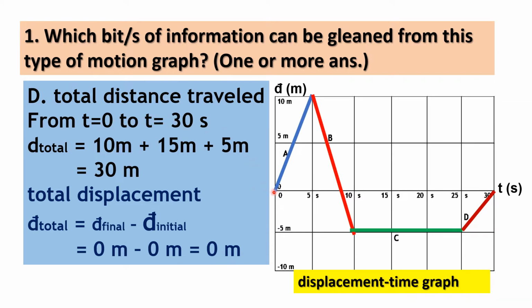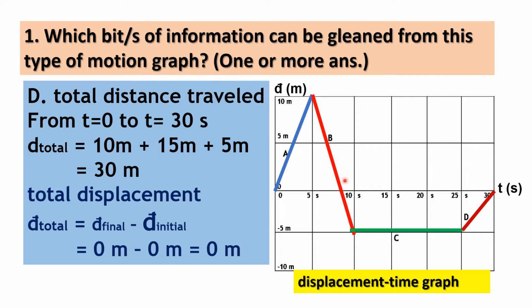So in your graph, that corresponds to 0 second up to 30 seconds. So we're talking about the whole journey or the whole motion represented in this displacement-time graph, 0 up to 30 seconds. So how do we determine the total distance traveled by the body?